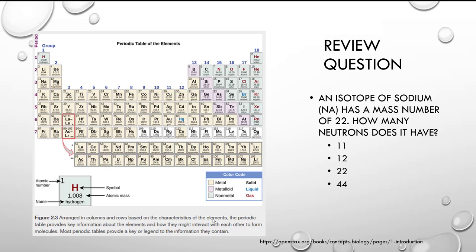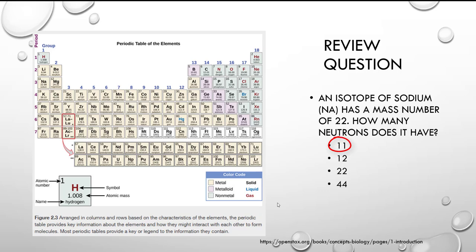All right, here's another review question. An isotope of sodium, which its symbol is Na, has a mass number of 22. How many neutrons does it have? If you said 11, I would agree with you.